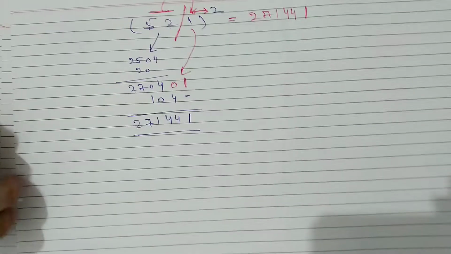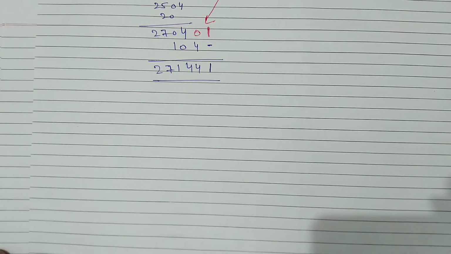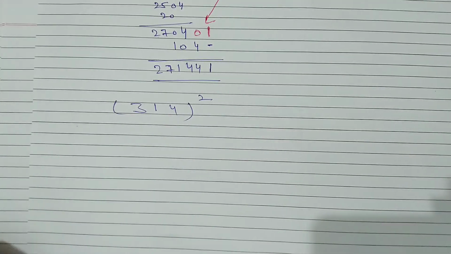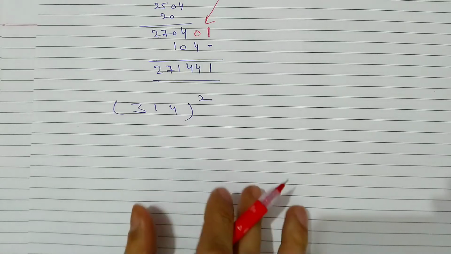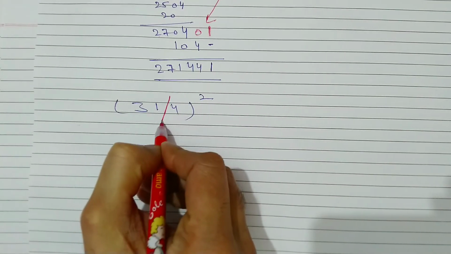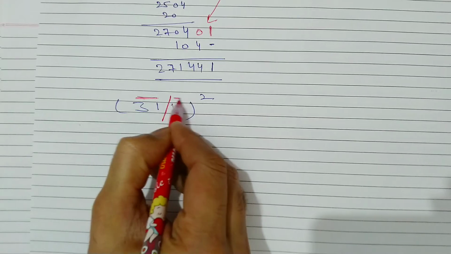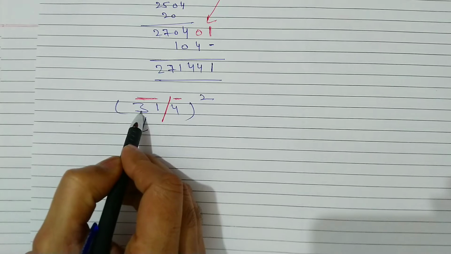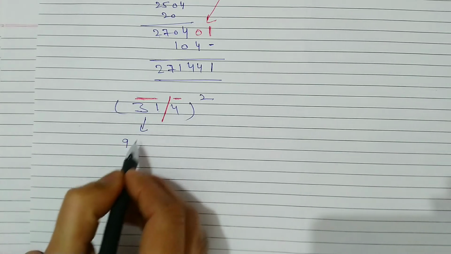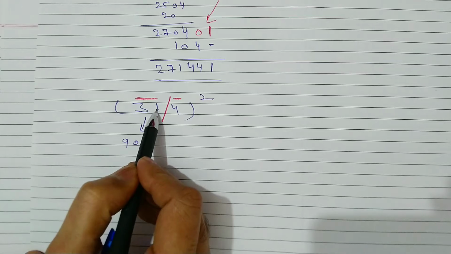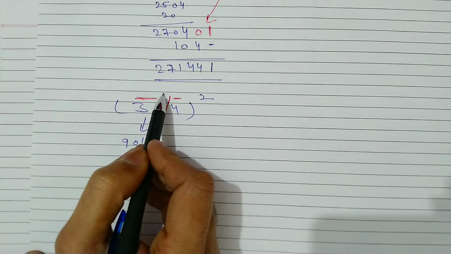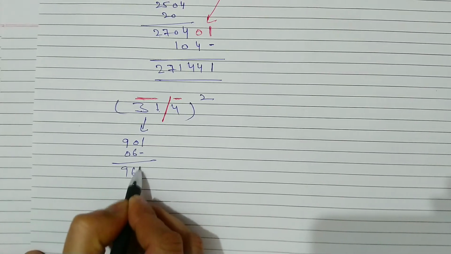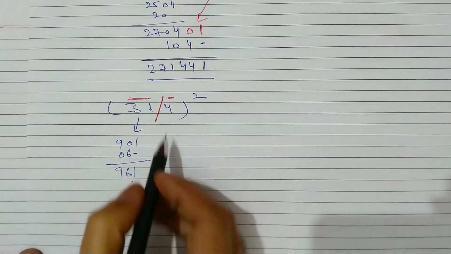One more example. Find the square of 314. Divide the number of digits into two parts, 31 and 4. Now the square of 31. 3 square is 9 and 1 square is 01. 3 into 1 into 2 is 06. So 961. 31 square is 961.